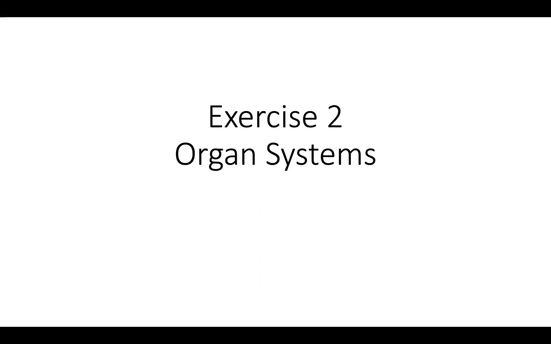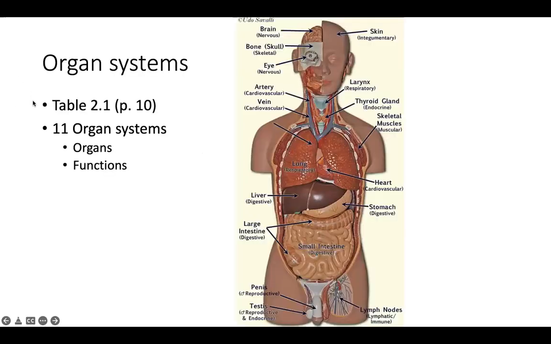For organ systems, for exercise 2, it all just comes down to one table, essentially. And I went over these in lecture today. I'm not sure if Dr. Wooten's gotten here yet, but you want to know table 2.1, essentially. So there's the name of the organ system, the organs that are included in it, and then the functions of that organ system.